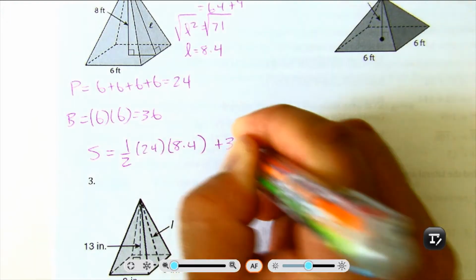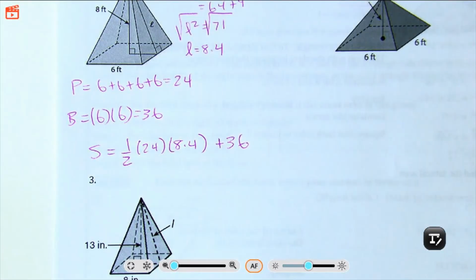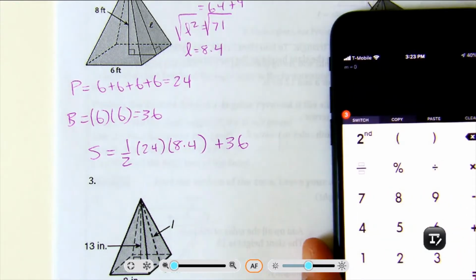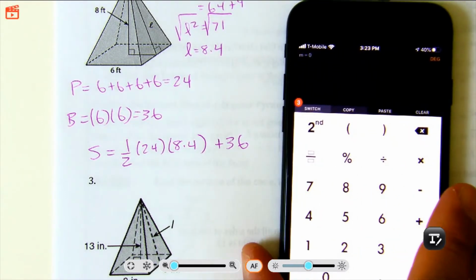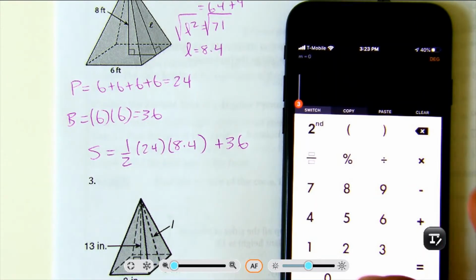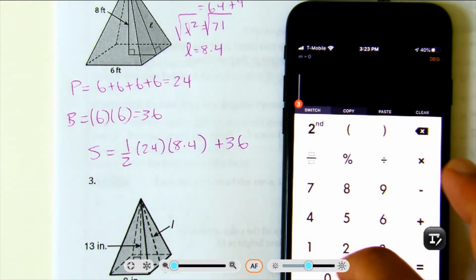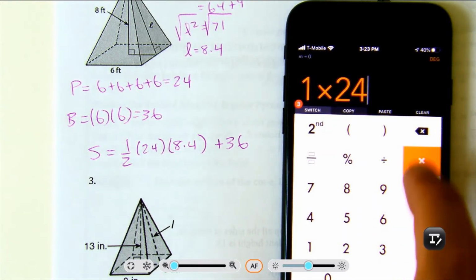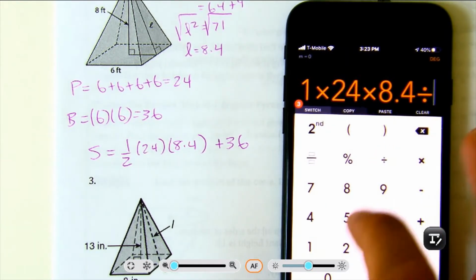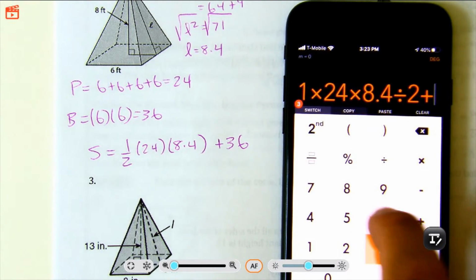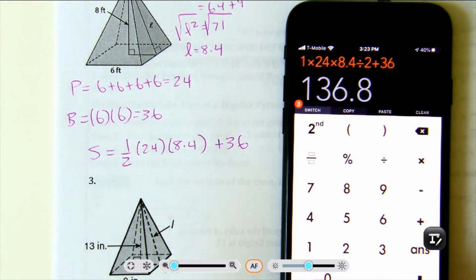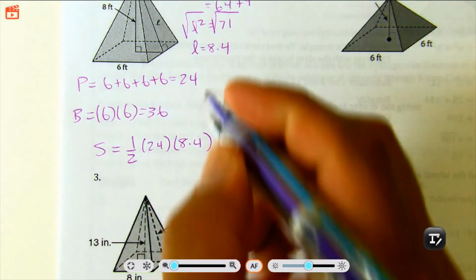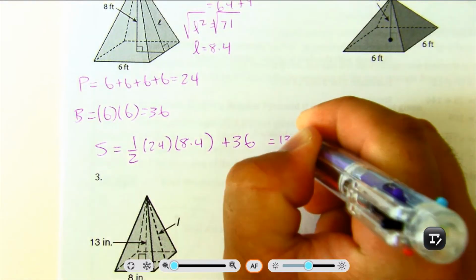Now I'm going to show you how to type all of this at once in the calculator. So 1 times 24 times 8.4 divided by 2 plus 36 gives me 136.8 feet squared.